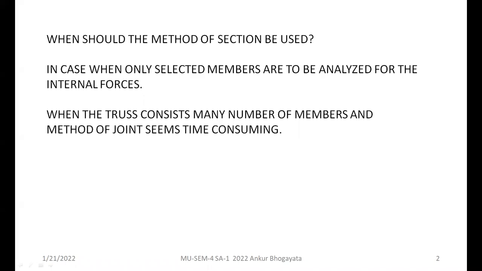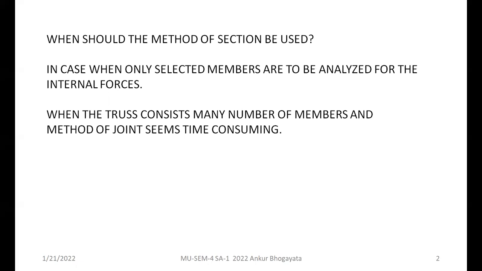So as you can read the question, when should the method of section be used? The answer is very simple: when only selected members are to be analyzed for the internal forces from the given system, and when the truss consists of many members and the method of joints seems time consuming.